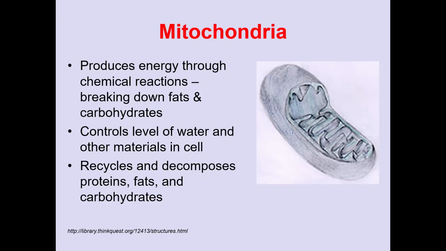So that energy is in the form of ATP, and the synthesis of this ATP takes place inside the mitochondria, because the mitochondria has a lot of enzymes that carry out those processes. You remember we talked about the TCA cycle in our previous class.